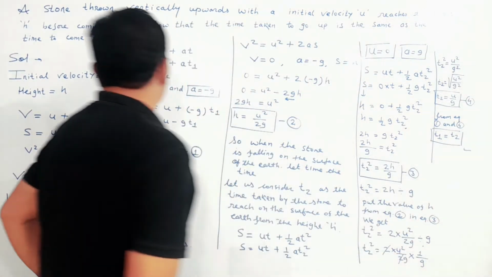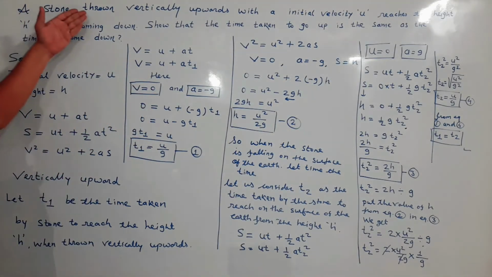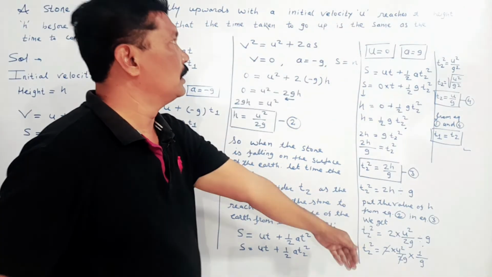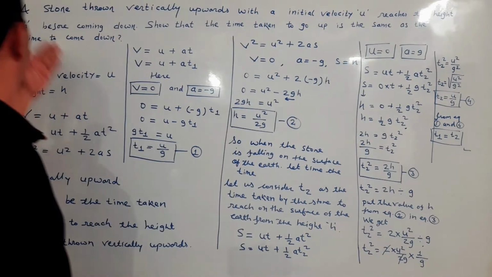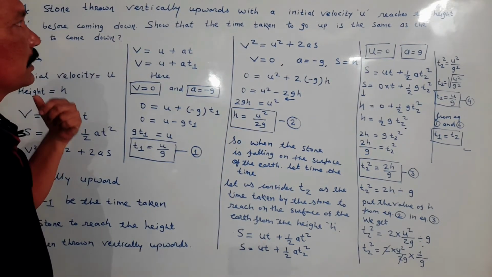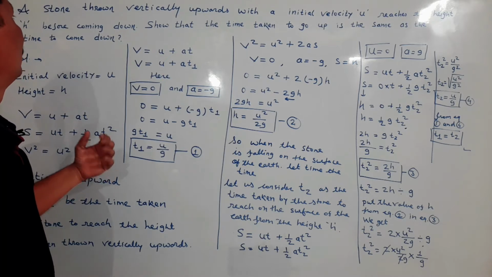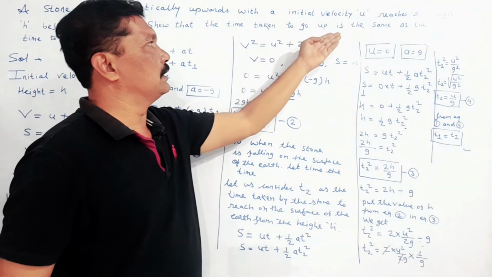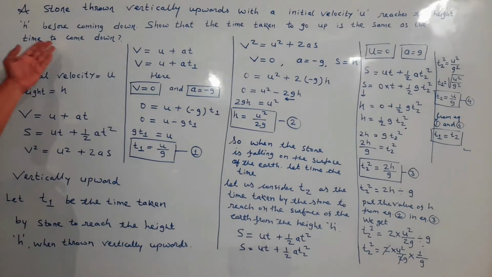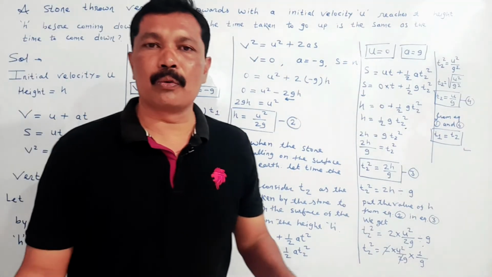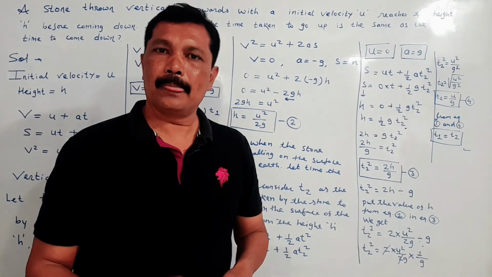Hence, we have proved that when a stone thrown vertically upward with an initial velocity u reaches the height h before coming down, the time taken to go up is the same as the time to come down, is proved by us. Thank you very much.